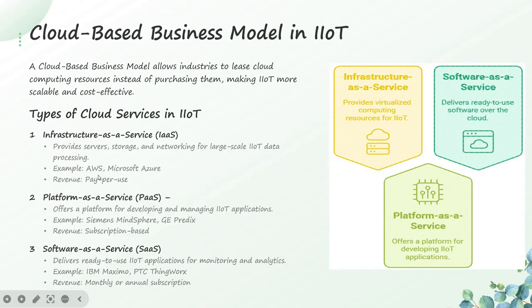Examples are AWS, Amazon Web Services, Microsoft Azure, and Google Cloud. The benefit is scalable storage and high computing power, which are required for industrial IoT applications. The revenue model used here is pay per use for the infrastructure resources.